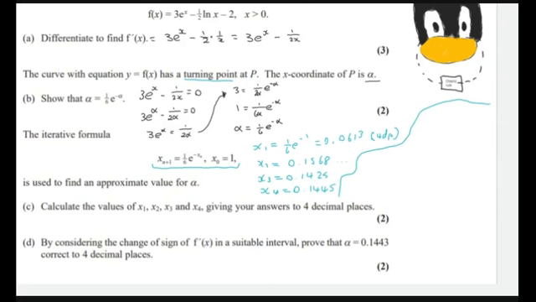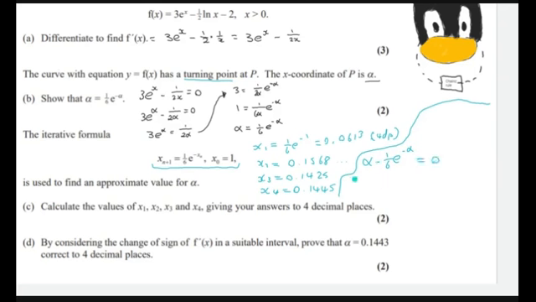So there's that. With part D, by considering the change of sign, what we need to do is take our iterative formula, which is alpha equals a 6th e to the minus alpha, and make it all equal to 0. So I'm going to write it like this: alpha minus a 6th e to the minus alpha is equal to 0.